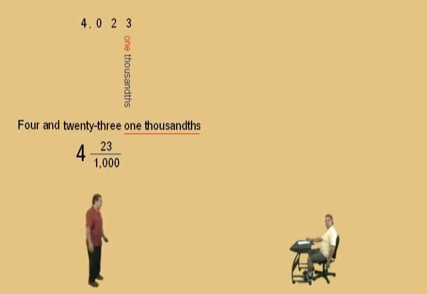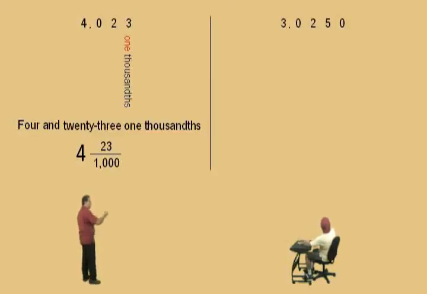Whew. Let's do one more, Charlie. 3.0250. Notice there's a 0 at the end of the decimal. Well, some people have asked me, do we need to put that 0 there? Well, not putting the 0 there or removing it really is not going to change the actual value of the number. But we're going to get into something called significant figures.